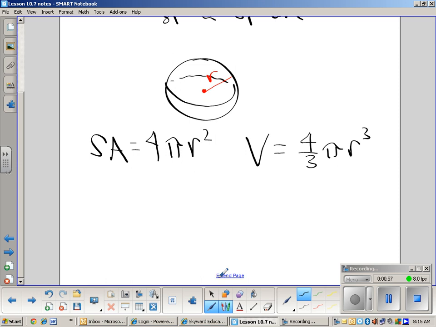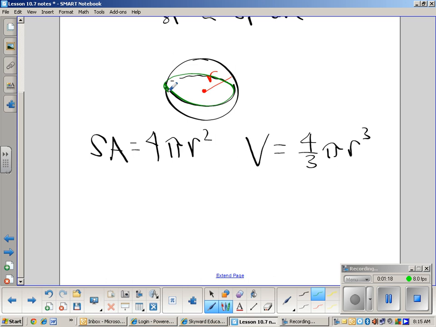So it'd be 4 times the area of the circle. This circle right here, like the equator of the Earth: if we took the area of that circle that represented the Earth's equator and then multiplied it by 4, we get the surface area of the Earth.